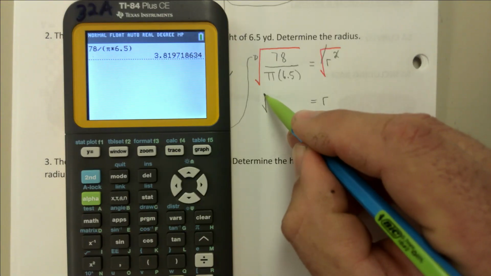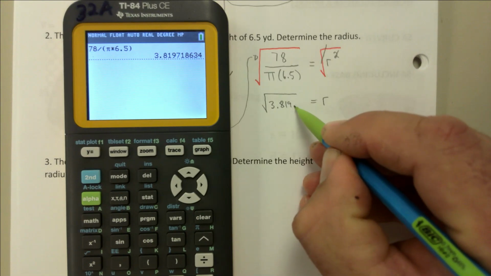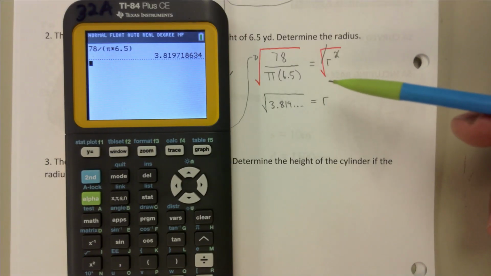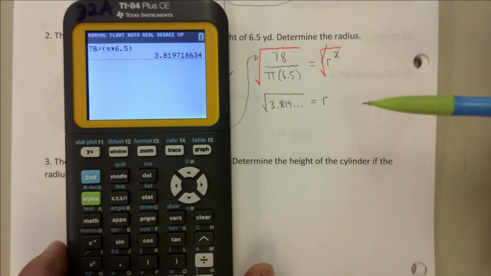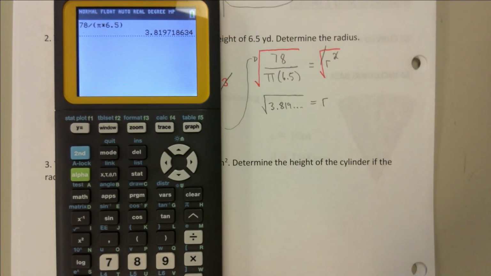So my work here is going to show that I've got that in there. And now I'm going to take the square root. I'm puzzled sometimes why this calculator just doesn't have a square root button, right?